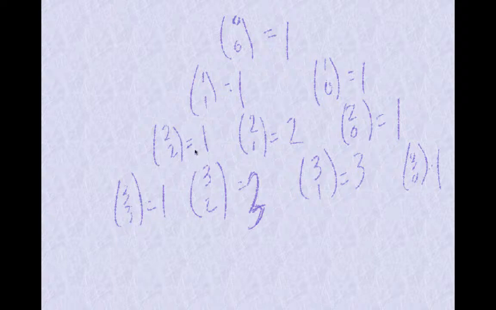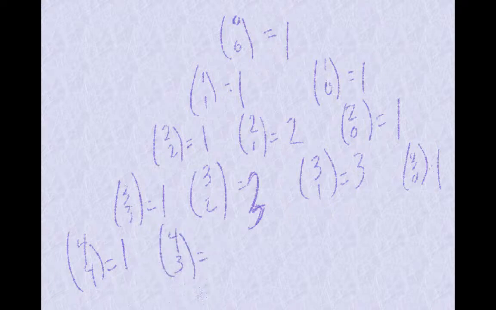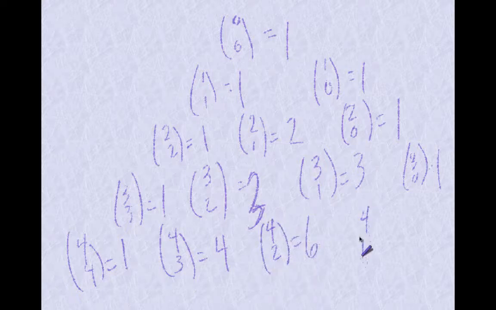When you go, you add these 2, right? So I want to show basically why. Let me go one level down so that we get 4 choose 4, 4 choose 3, 4 choose 2, 4 choose 1, and 4 choose 0.